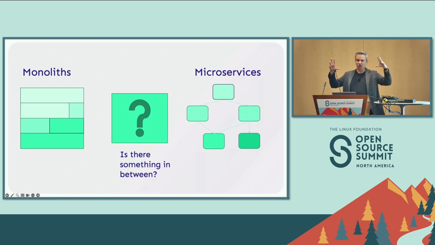You take the application as a whole, you break it down into constituent parts, and they usually talk to each other over, say, HTTP or message buses, and you can componentize different pieces of your architecture. Each of them has some pros and cons, and we're going to talk about the pros and cons of each. But the thing I want you to keep in the back of your mind is, is there a way to get the benefits of both without some of the real drawbacks of each?